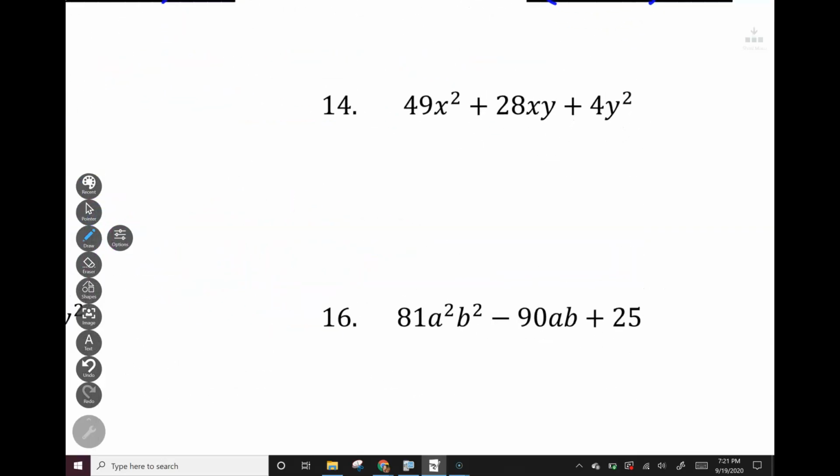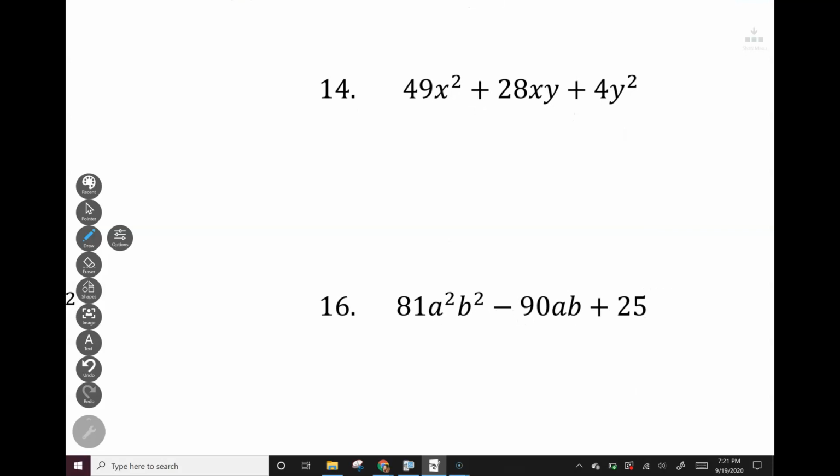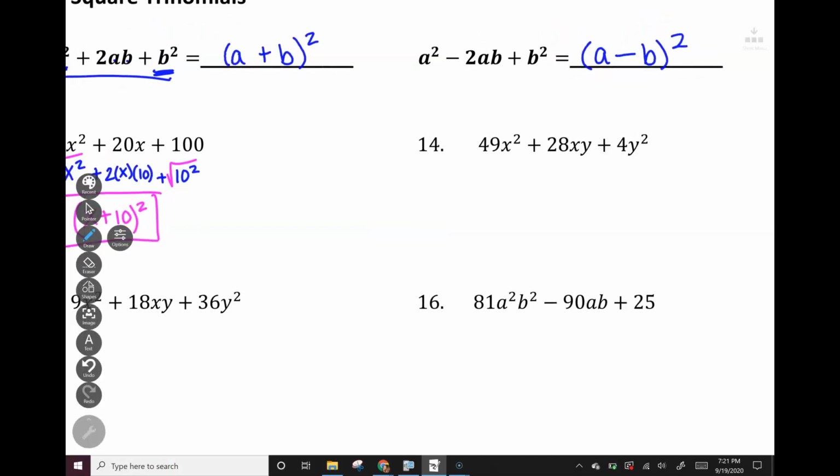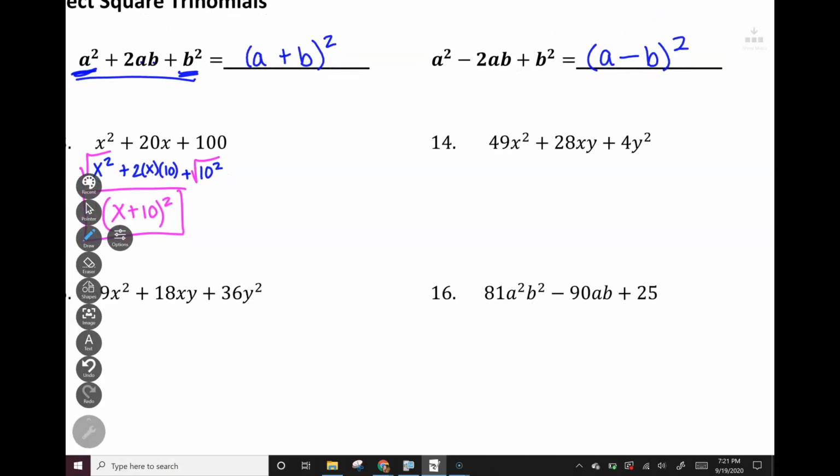Okay, so helpful to notice the patterns. Okay, number 14. This one might be a dead giveaway that you need to use the pattern because again, you've got some really large numbers there and there's no GCF. So I wouldn't really expect you to factor something multiplying 49 times 4 and then getting the factors of that would be very tedious. So kind of a dead giveaway that we need to maybe use the pattern. Okay, so the first term is 7x squared.